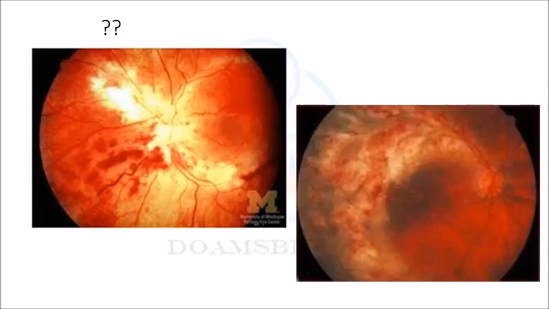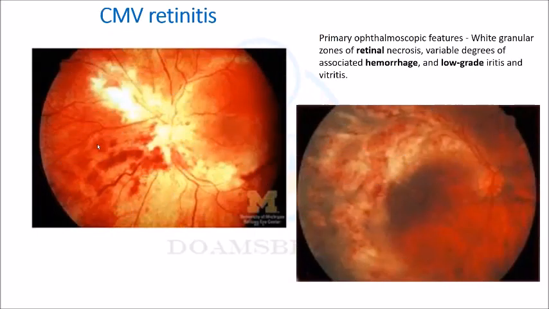Most commonly, the word used is CMV retinitis, not choroiditis. Can you remember? Yes, CMV retinitis. That means the virus has more affection to the retina only and less to the choroid, but it can happen, no doubt. So both pictures show CMV retinitis. This is retinitis and there is bleeding also, and this is also pigmentary change.